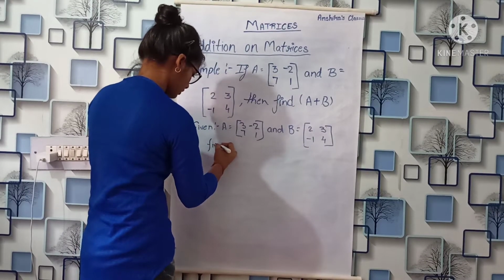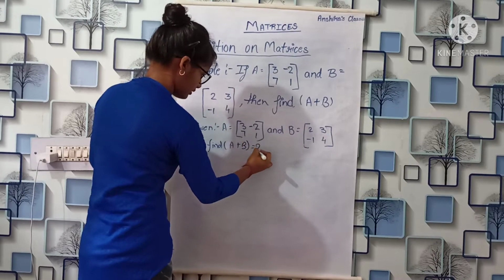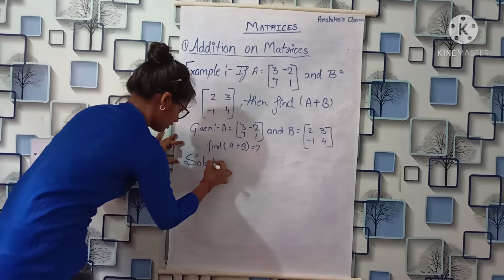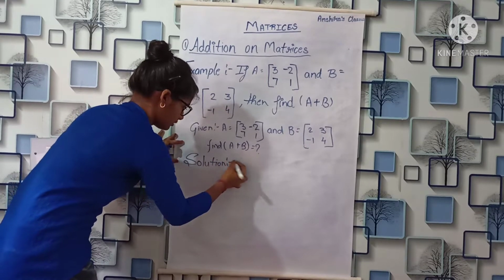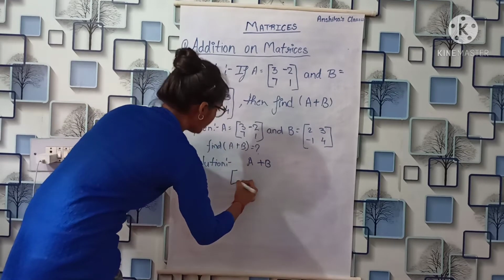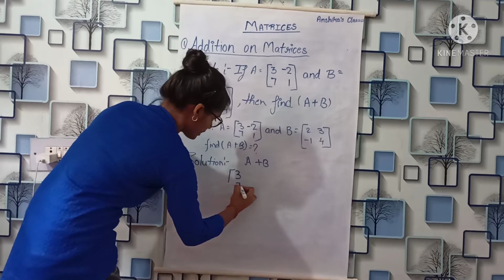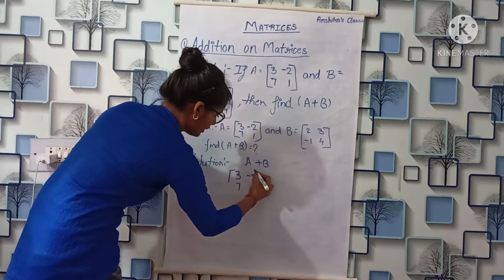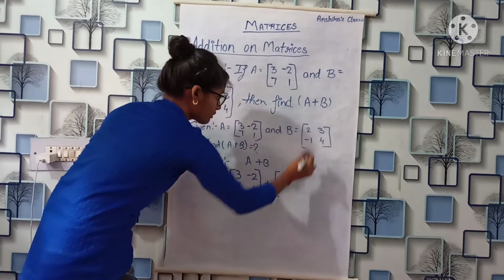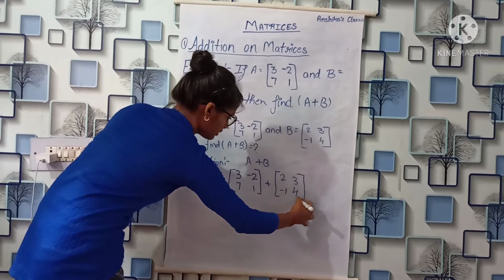Find A plus B. Solution: A plus B. Put the values. A is [3, 7; minus 2, 1] plus B, which is [2, minus 1; 3, 4].